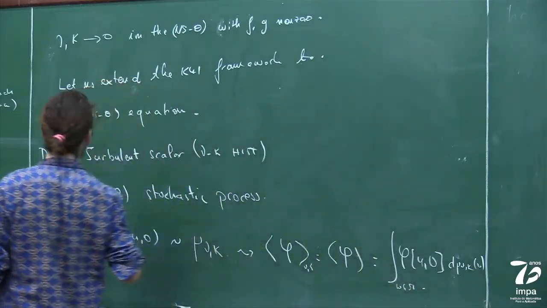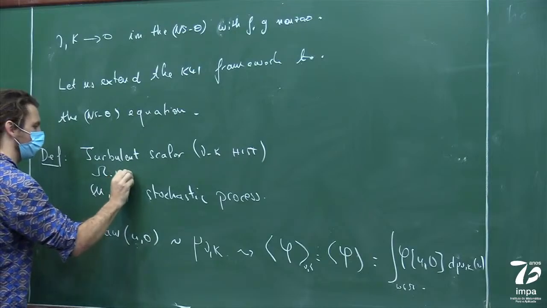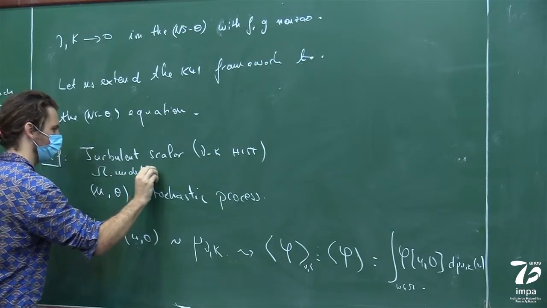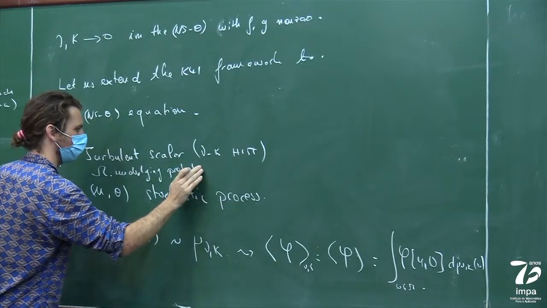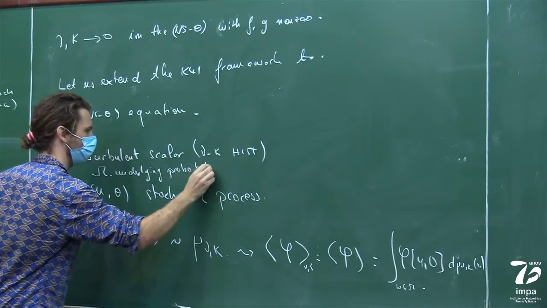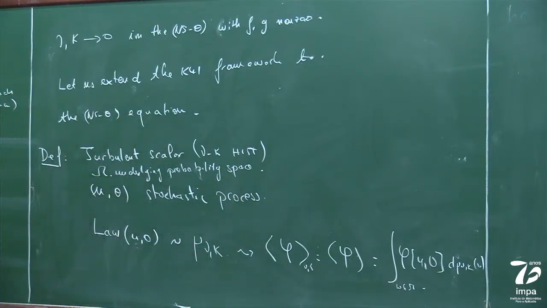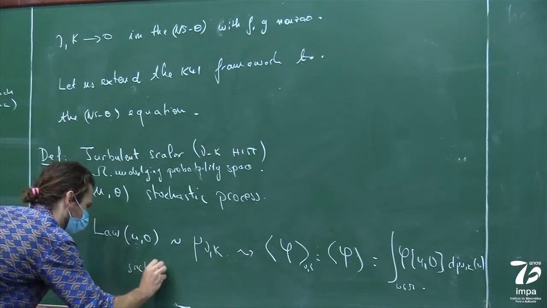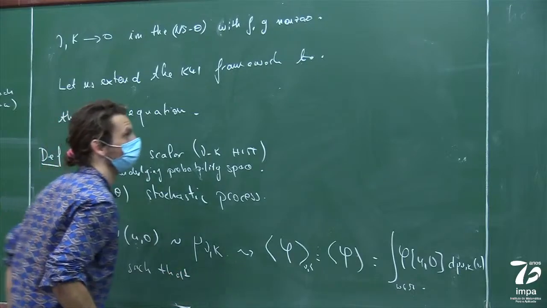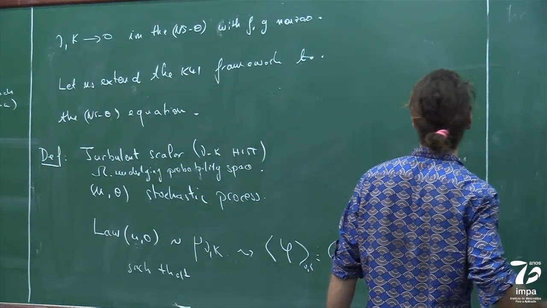Here omega is the underlying probability space. And we will ask the following conditions, such that some number of conditions are satisfied.